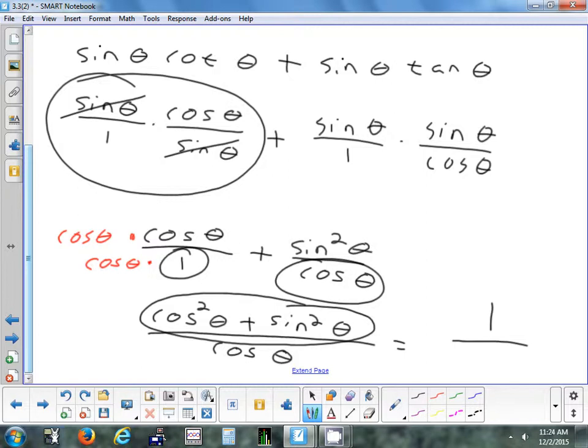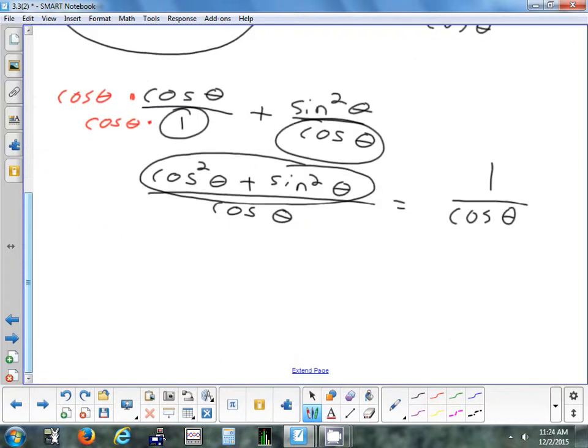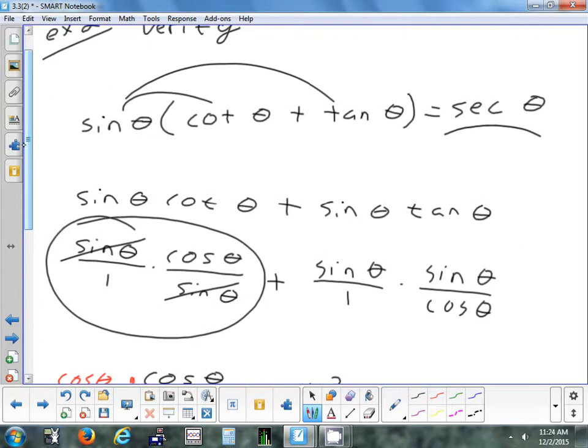Okay. What's in the bottom? Cosine. And now my last step, what's 1 over cosine? Secant. And is that what they wanted? Yes. Secant.